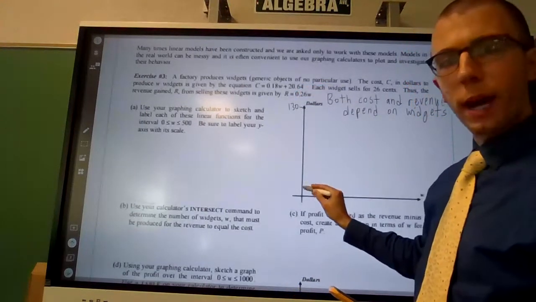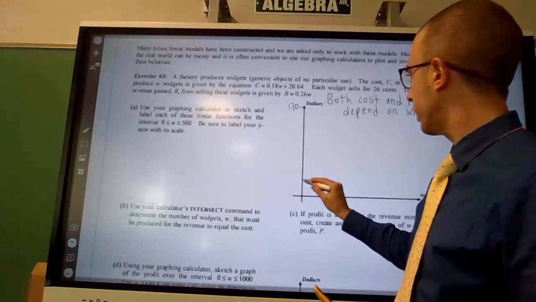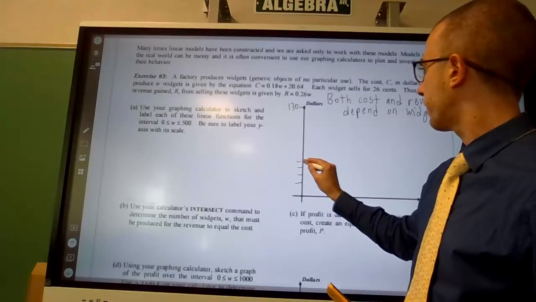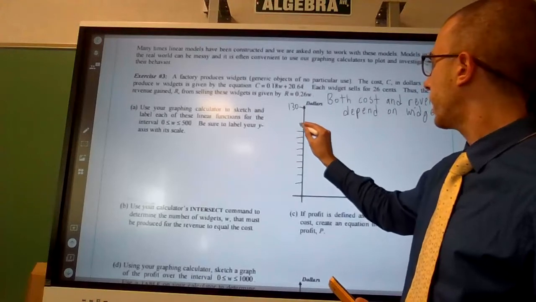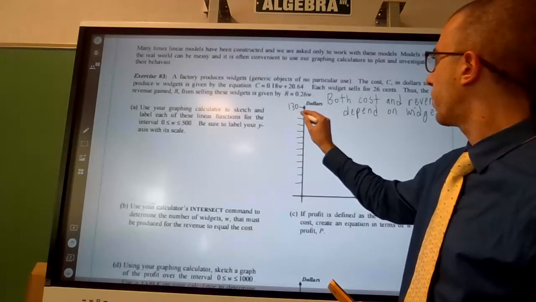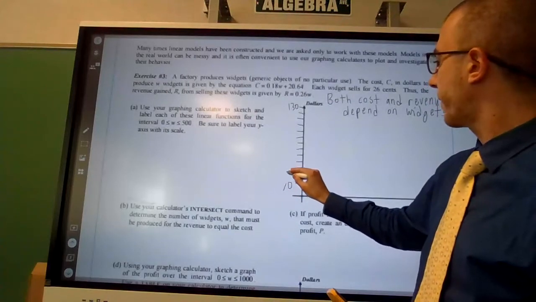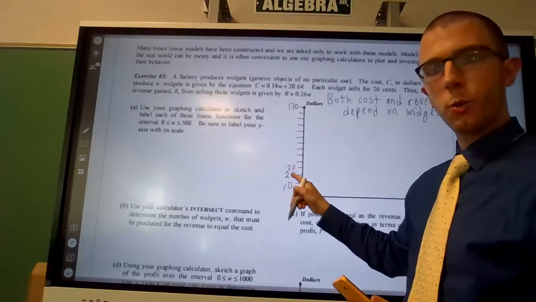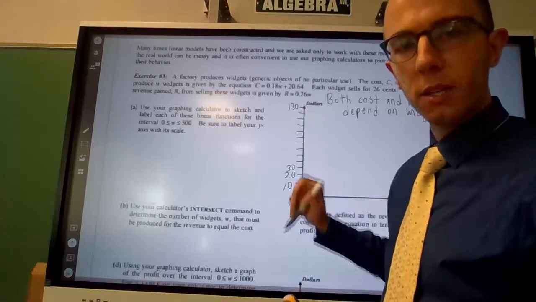And I'm going to try to go by tens. We're not going to do anything super precisely on here, but just to get an idea. So 10, 20, 30, 40, 50, 60, 70, 80, 90, 100, 110, 120. Boom. Almost perfect there. Okay, going up by tens, all the way up to 130, because that is our maximum Y value.